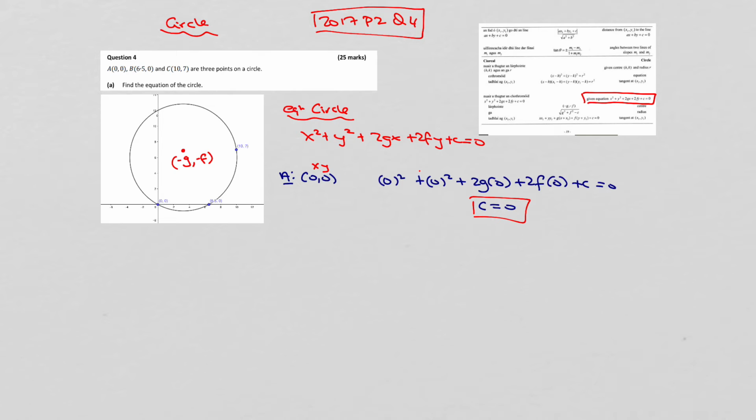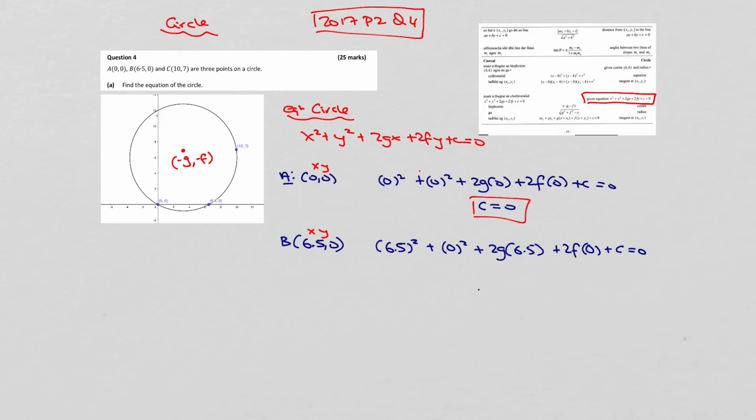So we're going to take our second point, B, which is 6.5, 0. And then again we sub in for x, sub in for y, plus c is equal to 0.